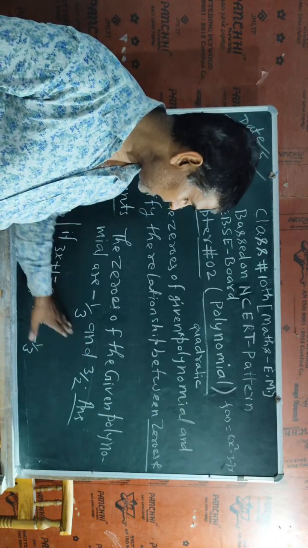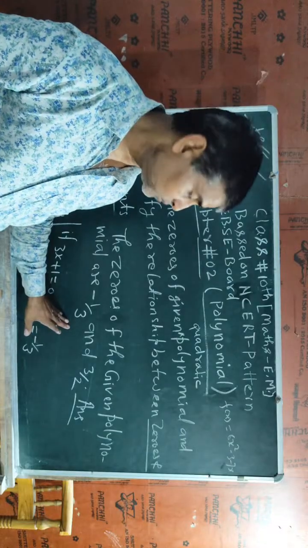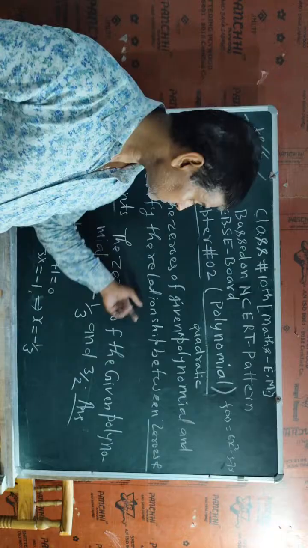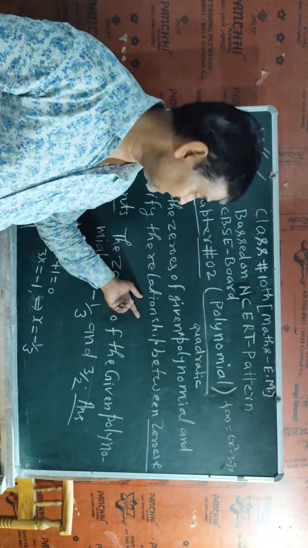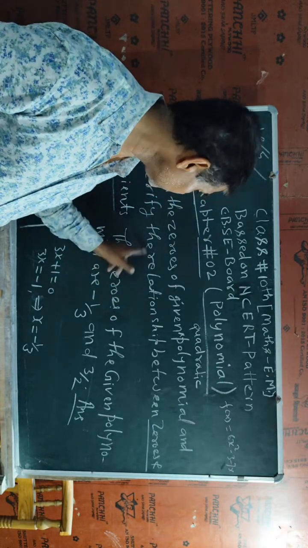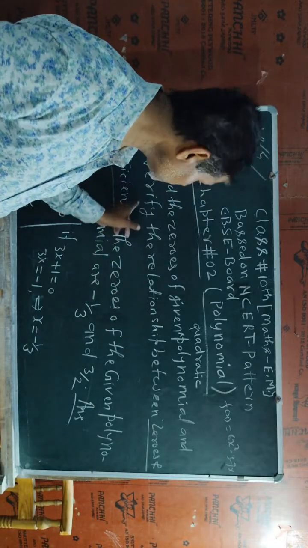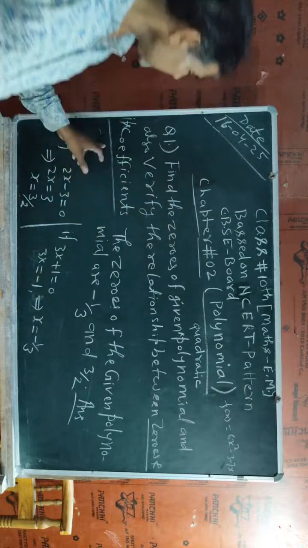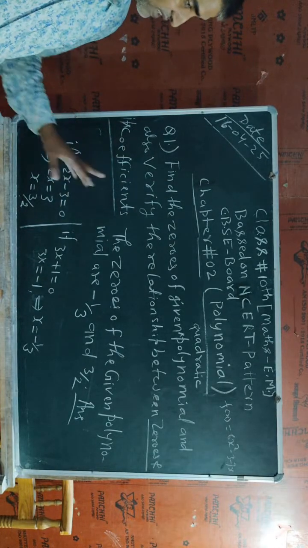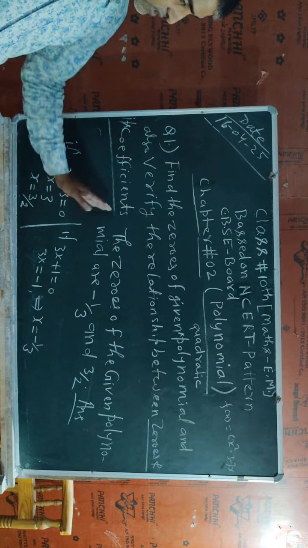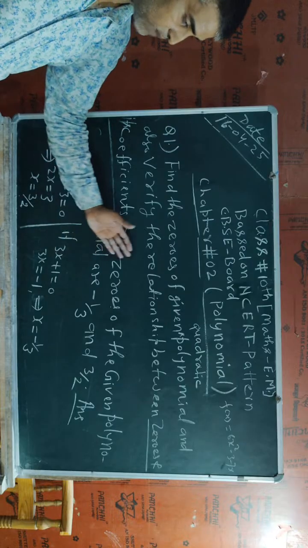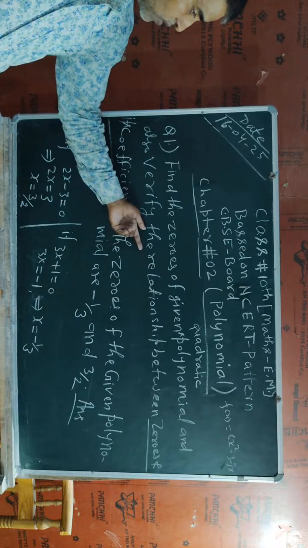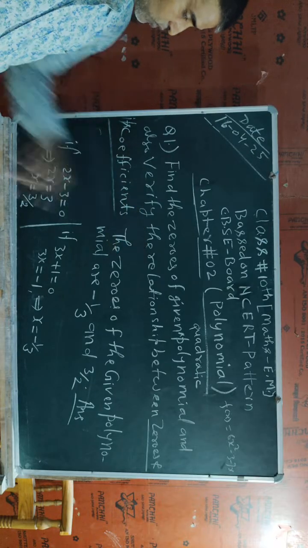Now the second information asked in the question is to verify the relationship between zeros and coefficients. I am going to erase this one, and now I am going to do the second solution of this question.